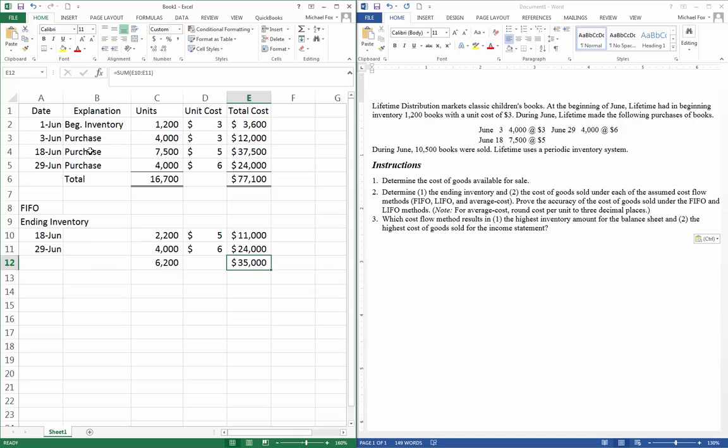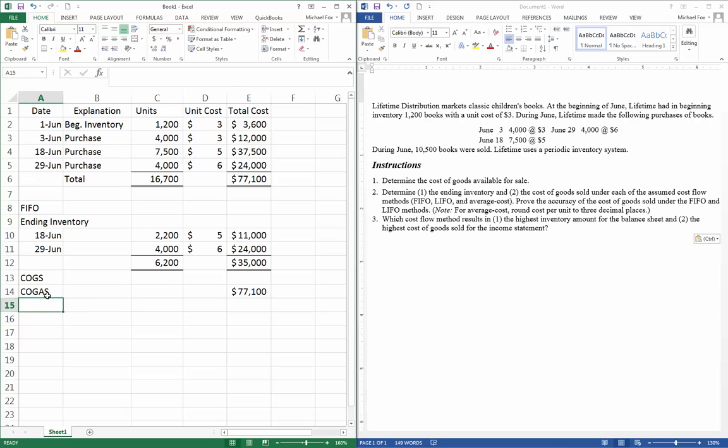Then, to calculate our cost of goods sold, all we do is take our cost of goods available for sale, which remember was 77,100. Actually, I'm going to go ahead and do it all the way over here.